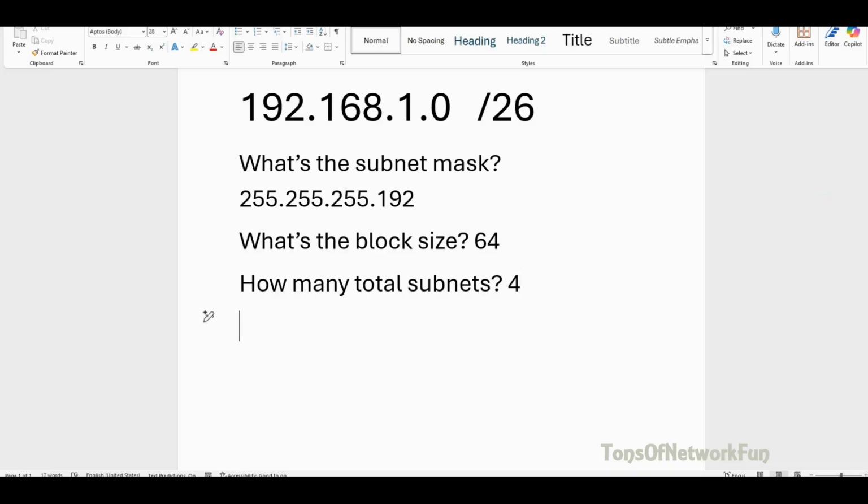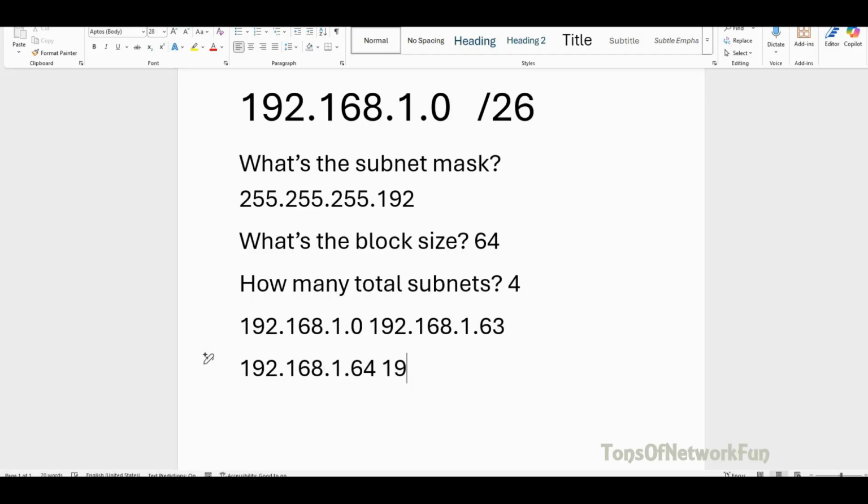And it's going to be like this: 192.168.1.0. It ends at 192.168.1.63, because 64 is the block size, but 64 minus 1 is 63. The next subnet, number 2, starts from 192.168.1.64 and goes until 192.168.1.127.